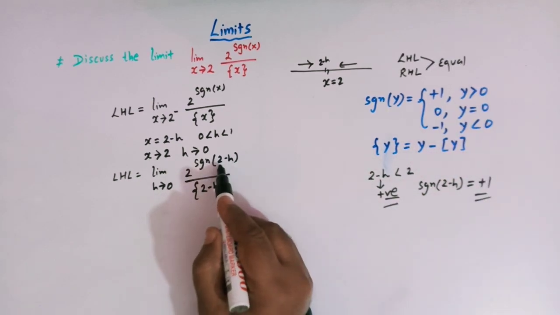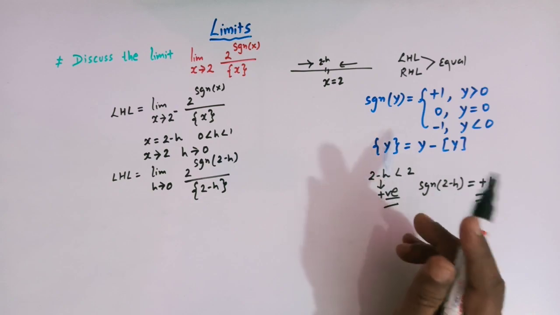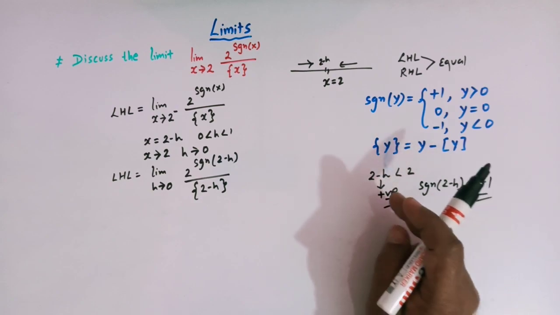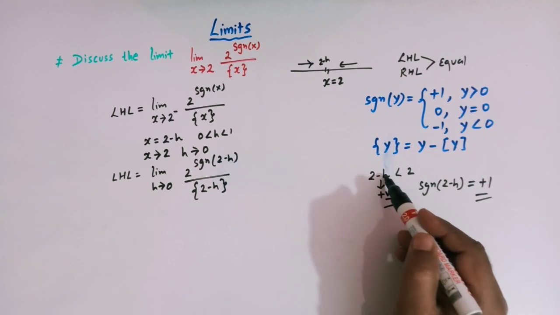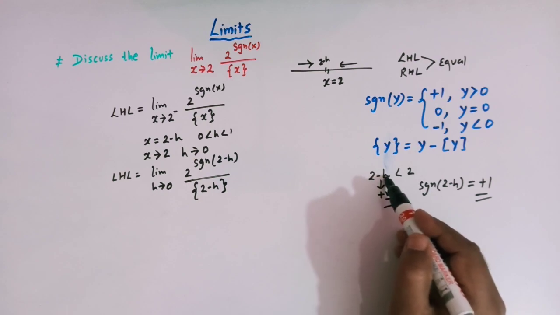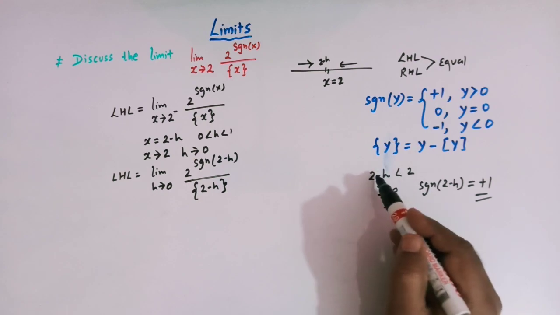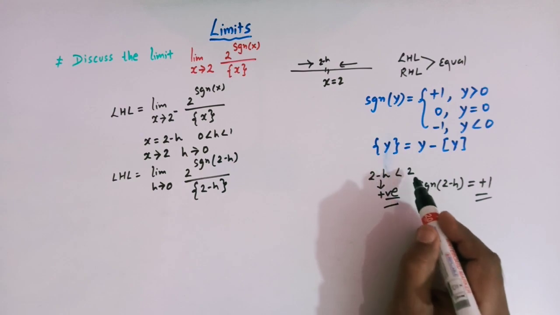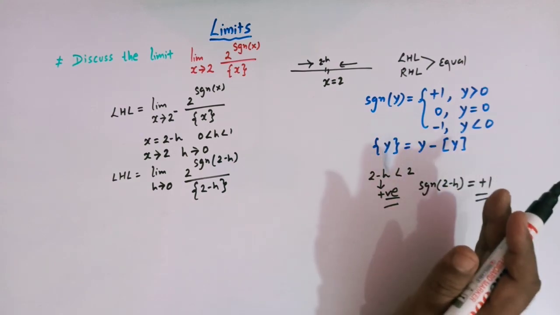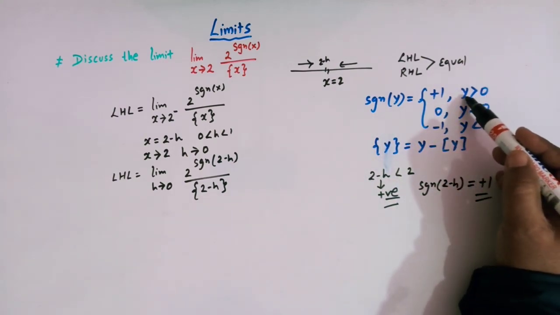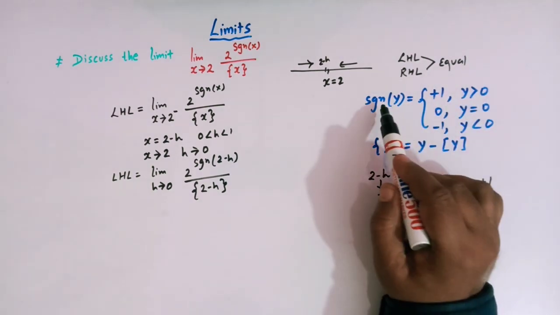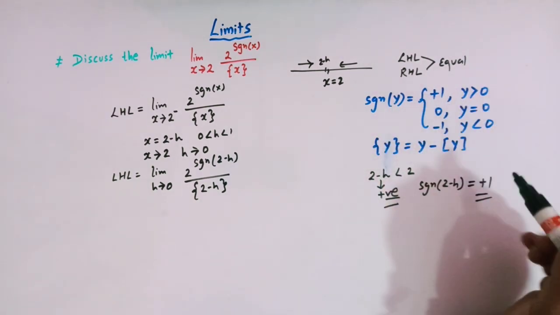Here we have 2 minus h. Now h is infinitesimally small, and when we subtract h from 2, then 2 minus h is slightly less than 2, but it remains positive. For positive values, the signum function takes the value plus 1.